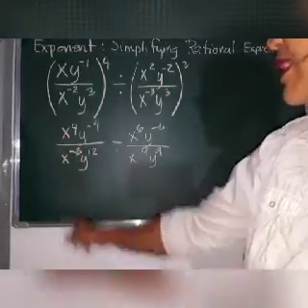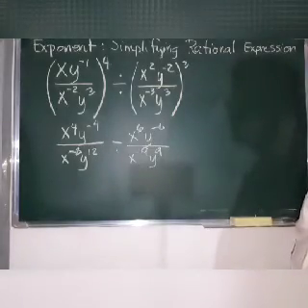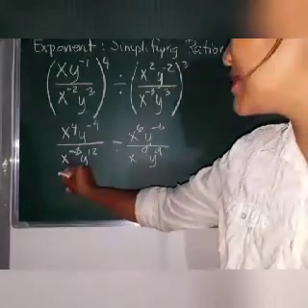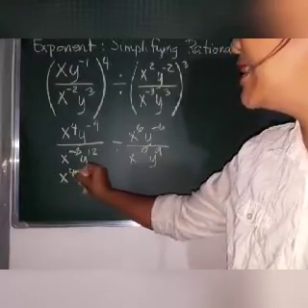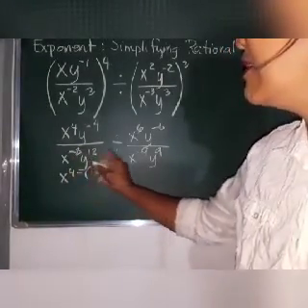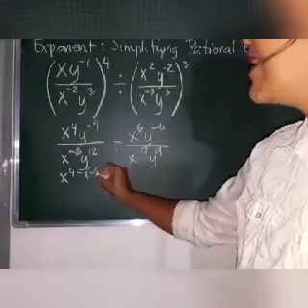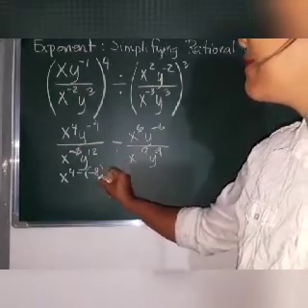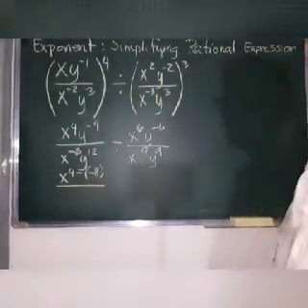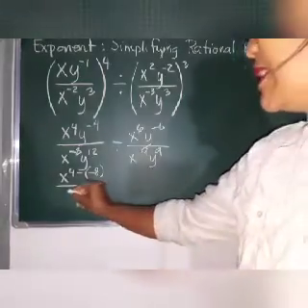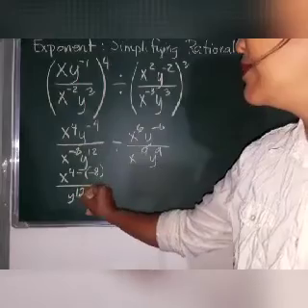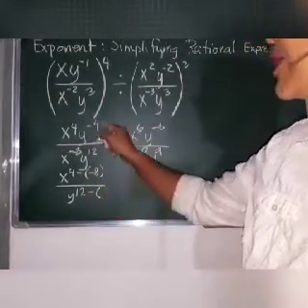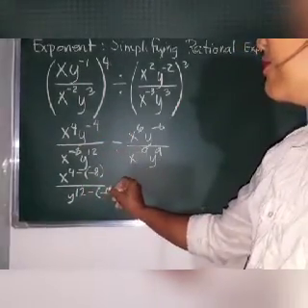So, dito, x and x, ang positive exponent ay nasa taas. So, sa taas tayo. X, 4 minus negative 8. Ilipat natin ang negative 8 sa taas. All over. Ang y natin na positive exponent ay sa baba. So, y, copy 12, minus exponent natin na negative 4.